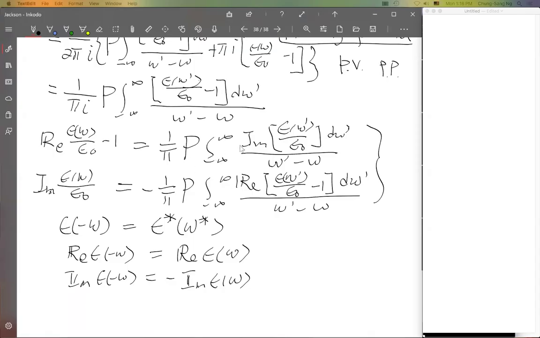So you change that to integrate from 0 to infinity again, but with the argument, all the epsilon will depend on minus omega prime, just like here. But then you use these two relations to flip the sign, and you also flip the sign of the integrand for that first term, and you combine the two terms, and you can write the same thing as an integral over just 0 to infinity. So that's another way to write it.